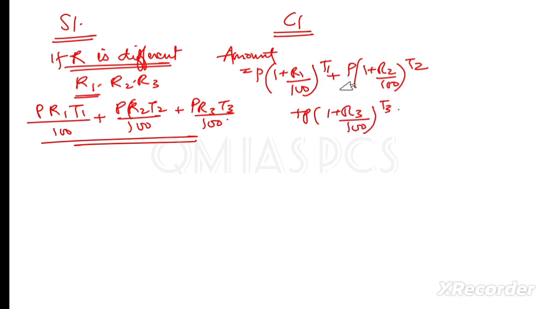This type of formula you can derive by yourself. And when you find the amount, the CI will be amount minus principal. So you will follow this.